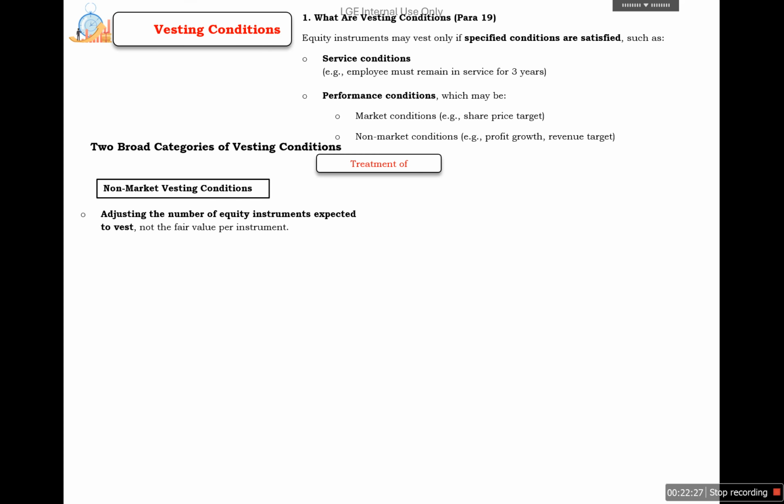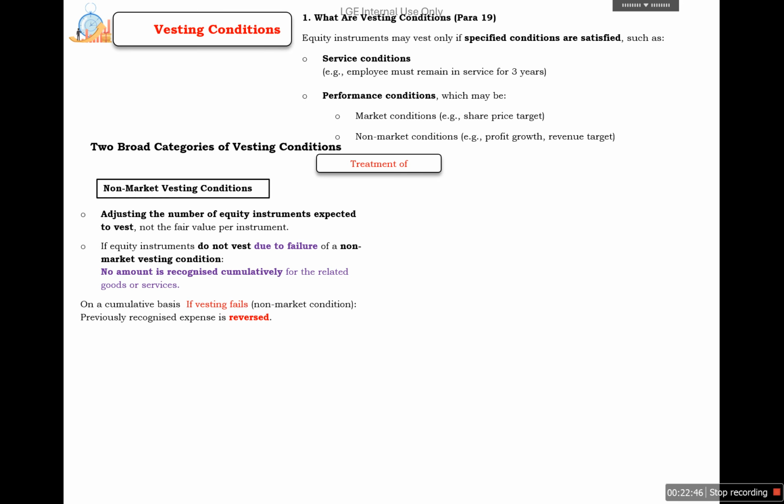And if the equity instruments do not vest due to failure of a non-market vesting condition, we are not supposed to recognize expense, because it is considered that services have not been received, because we have failed to achieve the target. So on a cumulative basis, if vesting fails, then previously recognized expense is reversed.